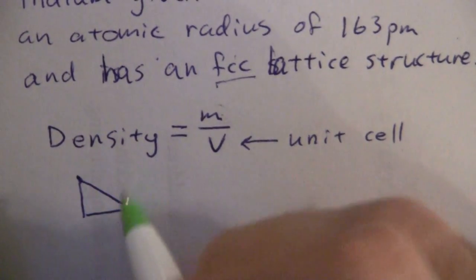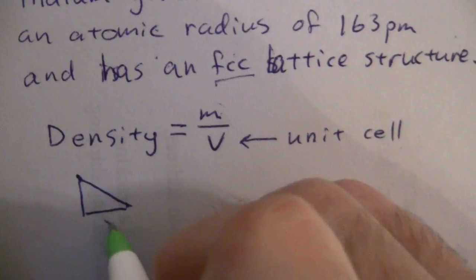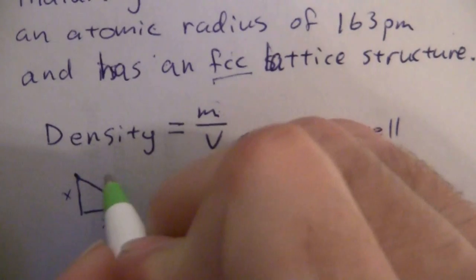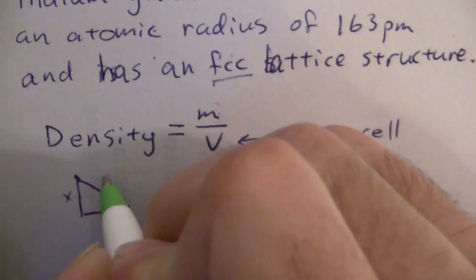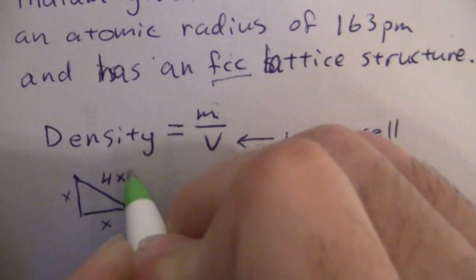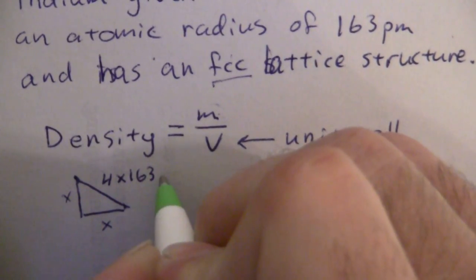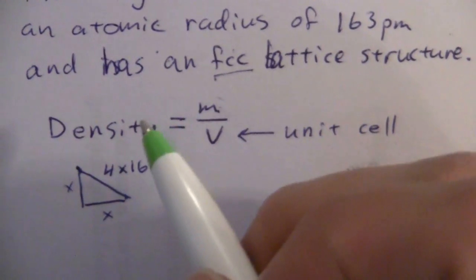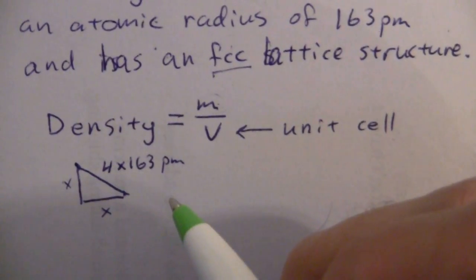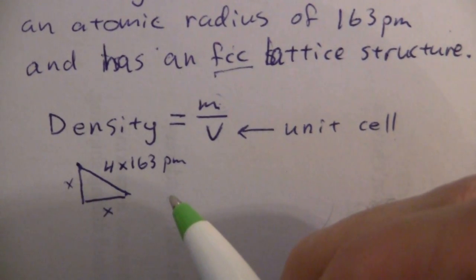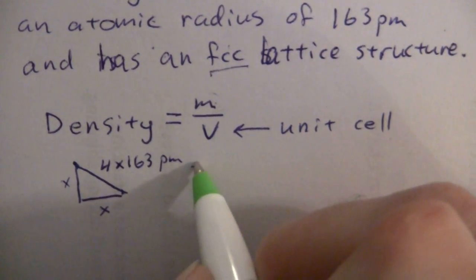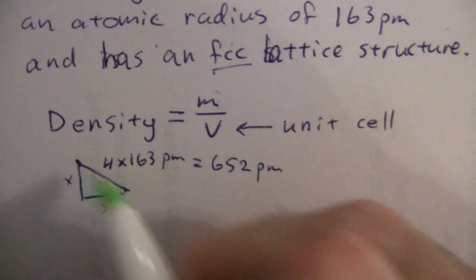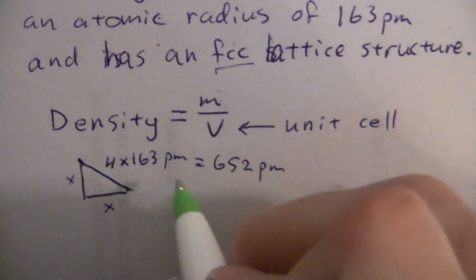You'll recall the Pythagorean theorem, where if you want to find this distance, and in our case this is a square, so that's the same there, and we have this distance, which is 4 times 163 picometers. Let me calculate that out. 4 times 163 is 652 picometers. So this distance is 652 picometers.